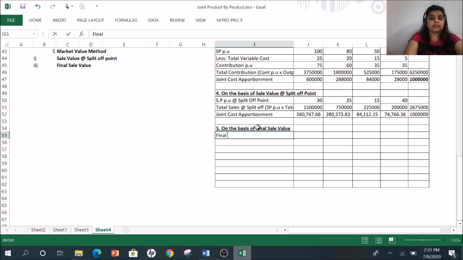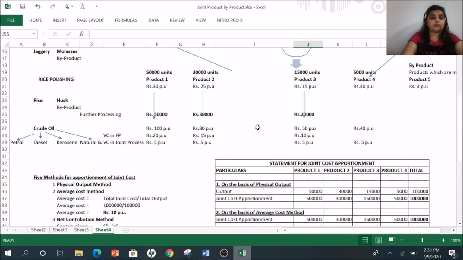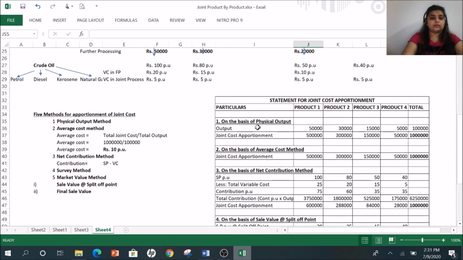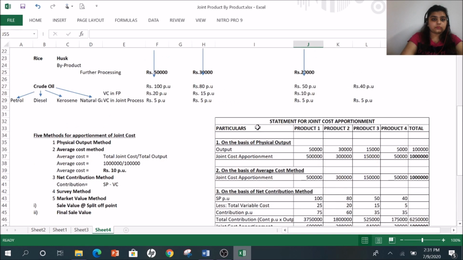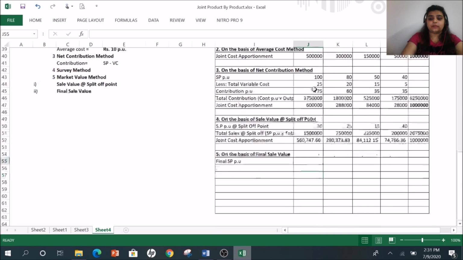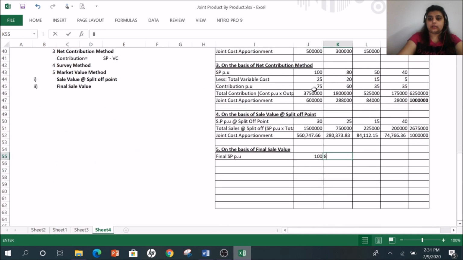What is the final selling price per unit? The final selling price per unit is 100, 80, 50, 40. So what would be the total sales after further processing?